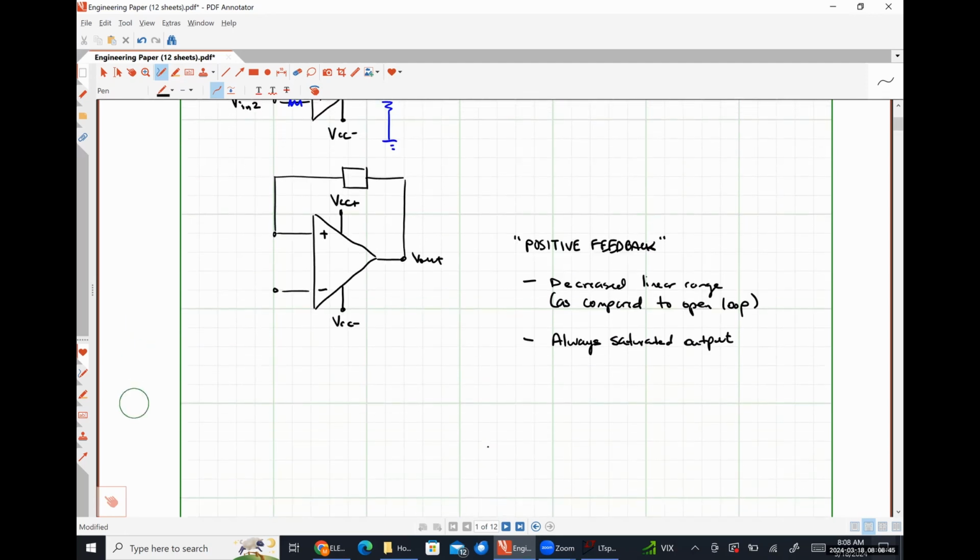So I'm just going to put VN1 here, VN2 here for the sake of argument. We could also load this thing up with resistors and all that kind of jazz if we wanted to. It will kind of affect the behavior, but not much. It's generally always going to behave like this.